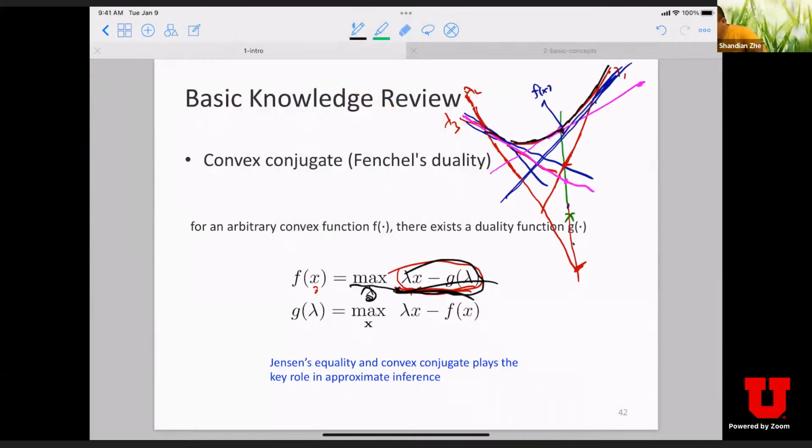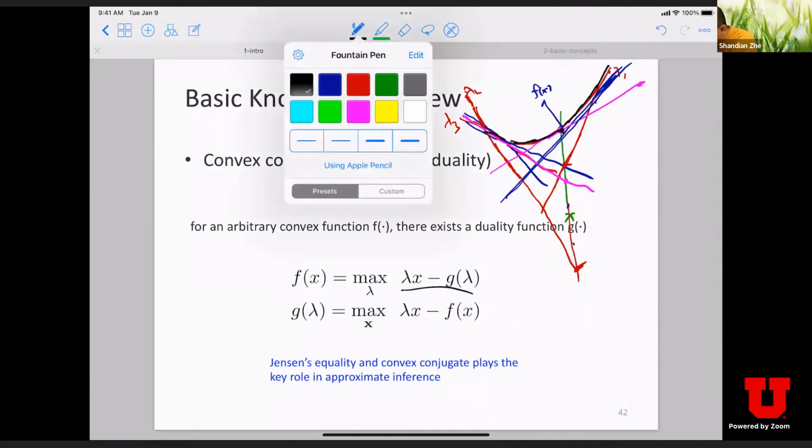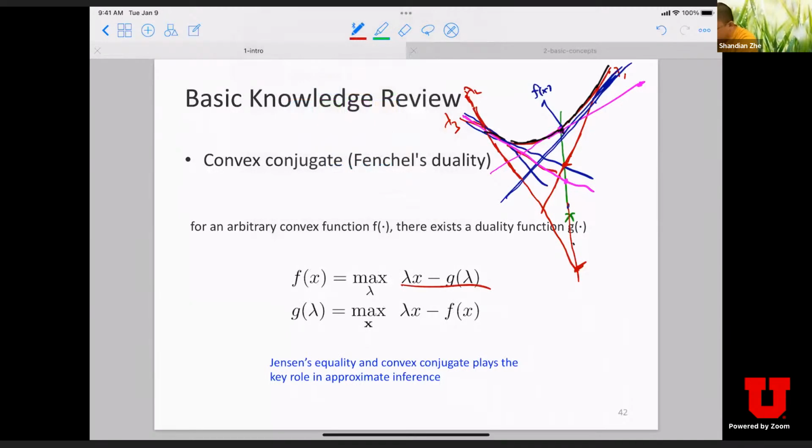Okay, so now we just mentioned this guy. I just stated that this is a tangent line. But why should I claim that lambda x subtracted by g of lambda is a tangent line?